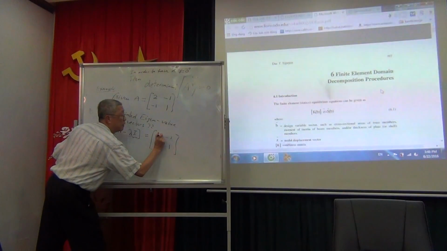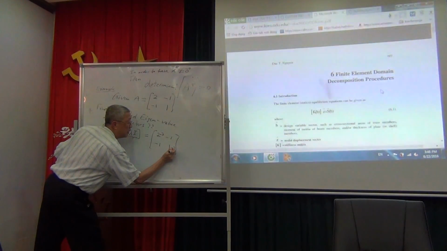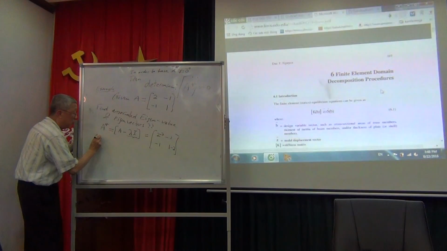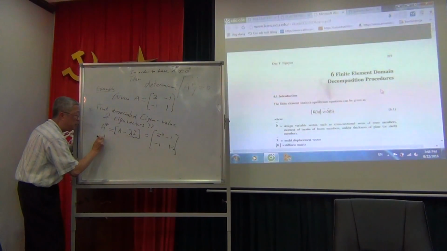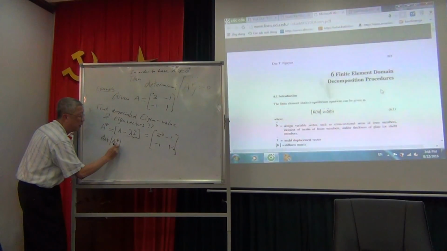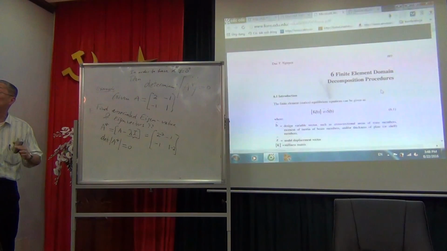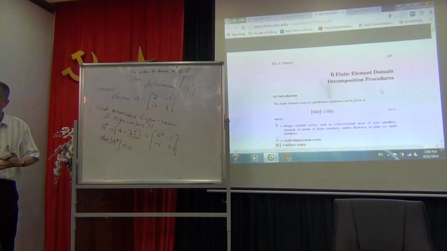So this becomes minus lambda in here, minus lambda in here. Then we require the determinant of A star to be equal to 0, like I told you, in order to have a non-zero solution.